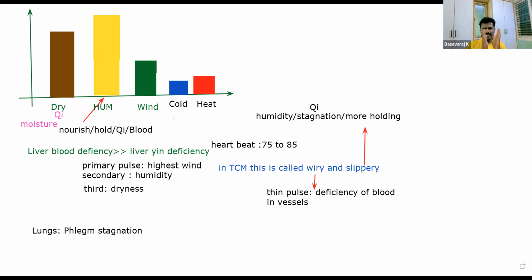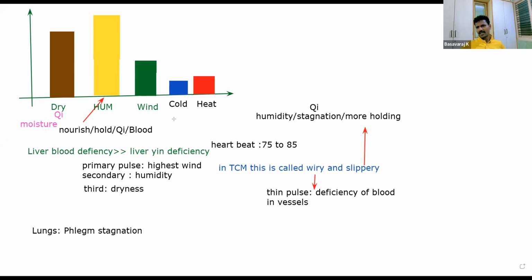If humidity and dryness are there, your problem is restricted to only the digestion system. If the wind is rising as a third element, that means your gastric dryness is taken upward due to liver wind. Anybody felt this combination? Have you taken Nadiswara and felt these symptoms?